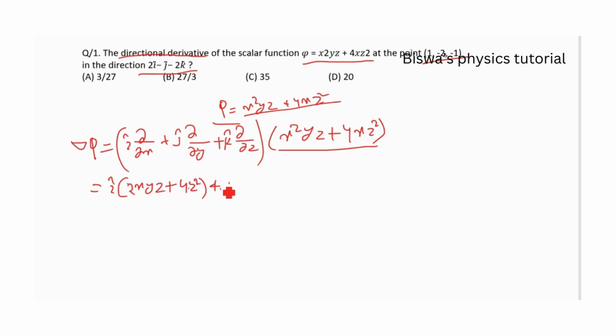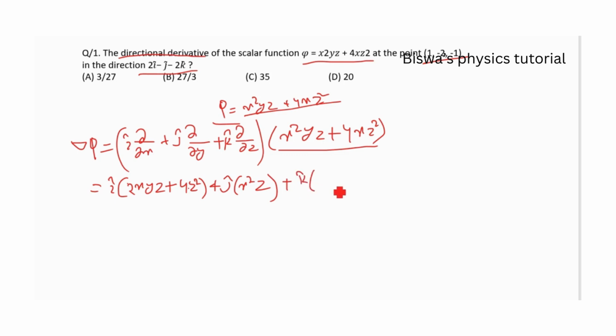Now j cap. Take the same function's derivative with respect to y. This term will become x square z, and in the other term there is no y term, so it becomes 0 because we treat it as constant.